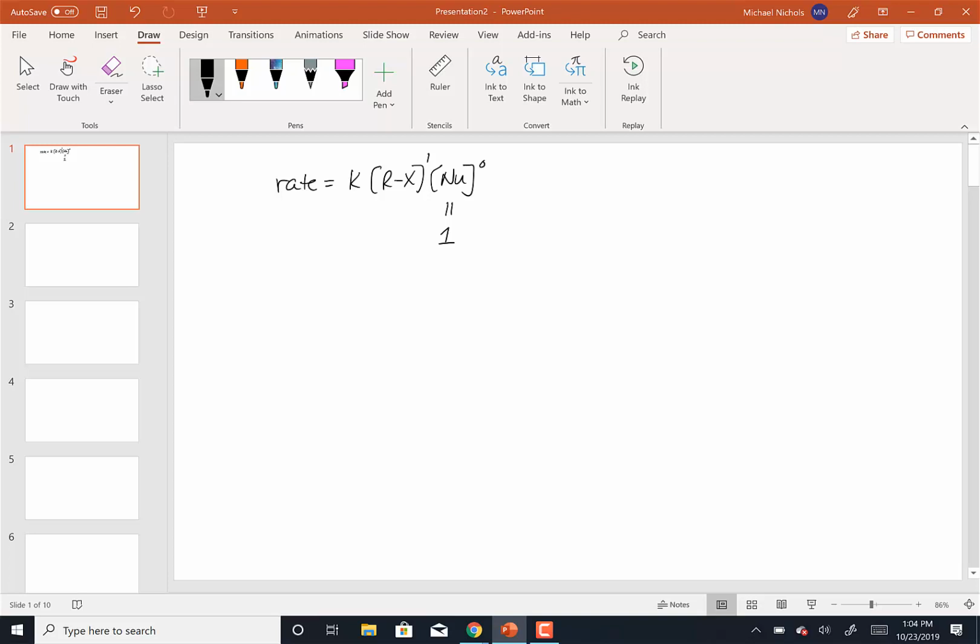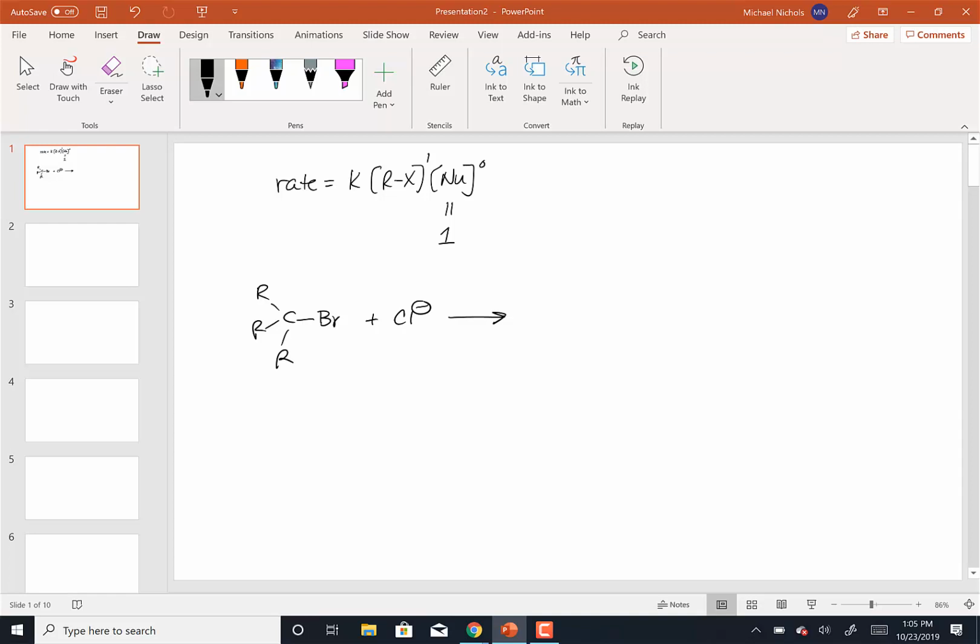Characteristic number 2 is, well, what's the mechanism of this? The mechanism is going to be slightly more complicated because we're going to have to talk about transition states, intermediates, etc. So let me start with something as simple as this. Let's take a tertiary alkyl halide, like a tertiary bromide, and let's add to it chloride.